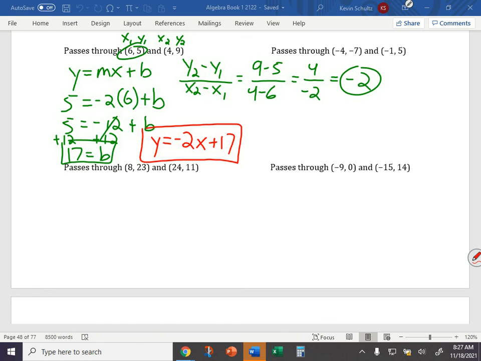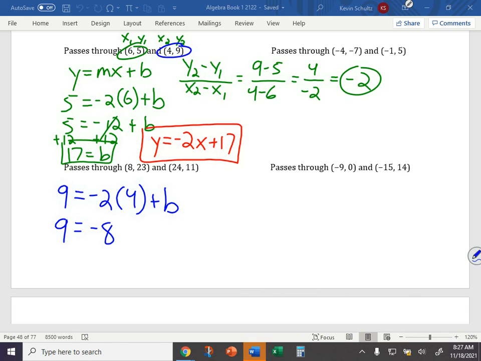Alex doesn't believe me that either ordered pair is going to work. So if we use that ordered pair, the only thing that changes is now we're plugging 9 in for y. You can see our slope is still negative 2. 4 goes in for x, and we're solving for b.